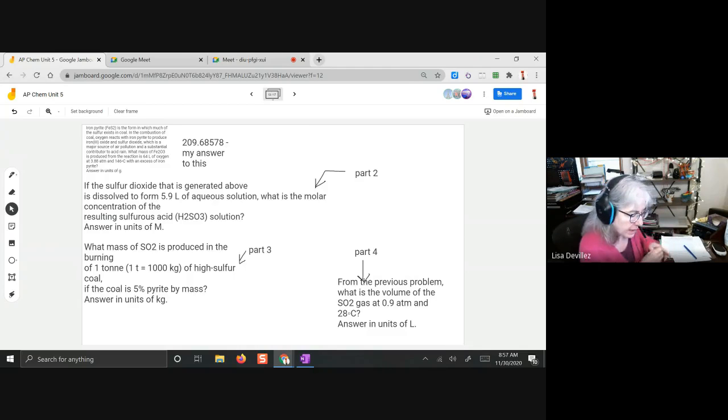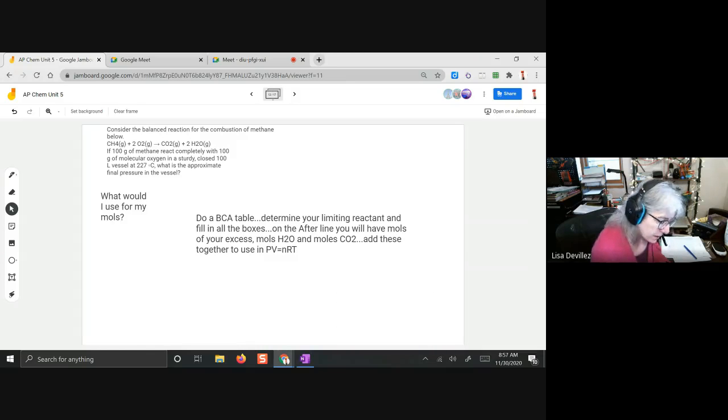Okay, and I'm not sure who had posted the question, but in looking at this one here, this one had the burning of methane, and it gave you two amounts, so it's a limiting reactant problem. The question was, what would you use for your moles? Do a BCA table.